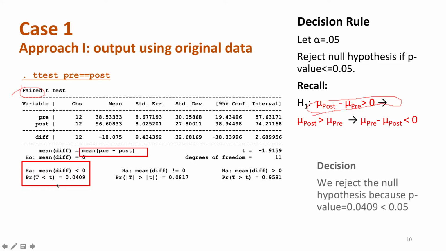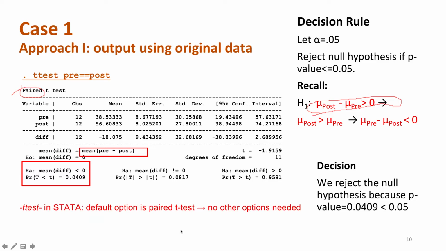Okay. And then the decision will be to reject it. And in the t-test, the default option is the paired t-test. See, I didn't really say anything, so it assumes it's a paired t-test. If you don't know how to read the command, you can always see what's in the title of the table, right? So you don't say anything here, it automatically gave you the paired t-test.